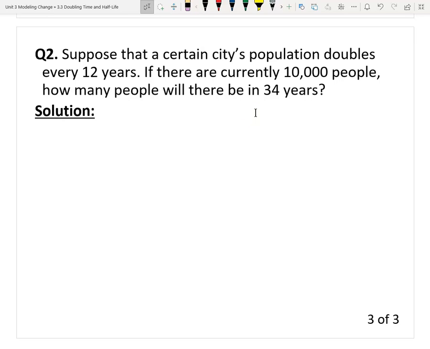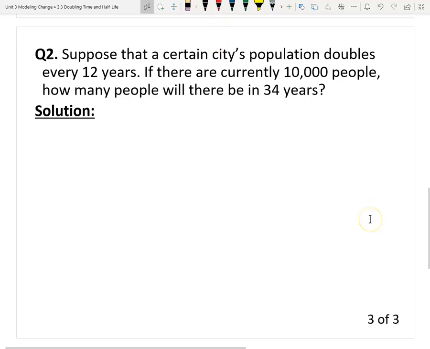Do you think for this question we can use the second method we used in the first question? No, it does not work because 34 years is not an integer number of doubling times, right? 34 years is like 2 point something doubling times. So we cannot directly use the definition of doubling time.